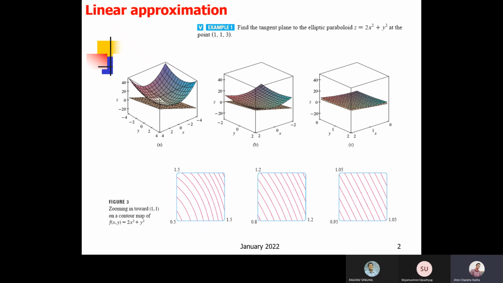I would like to come back to this figure again. And these are nothing but the contour map. So what they are doing, they are trying to slice this surface with some plane parallel to xy plane, and then they are plotting the contour lines, and you can see the contour lines there.